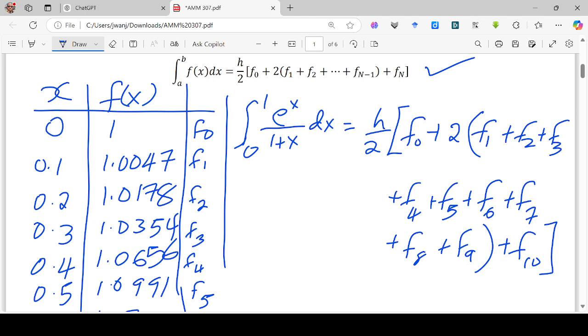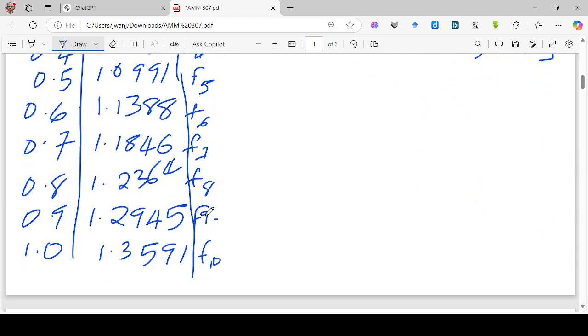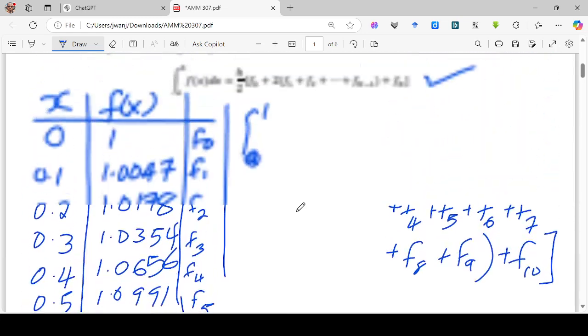So in this case, you're going to add the sum of the values of the function from f1, f2, f3, f4, up to f9. We add all those values and then multiply by 2. Then the last entry is not multiplied by 2. The first entry occurs once.